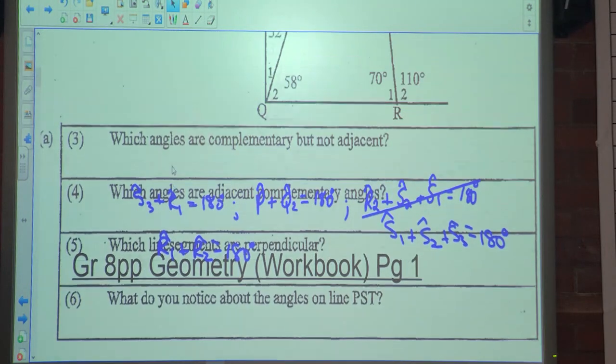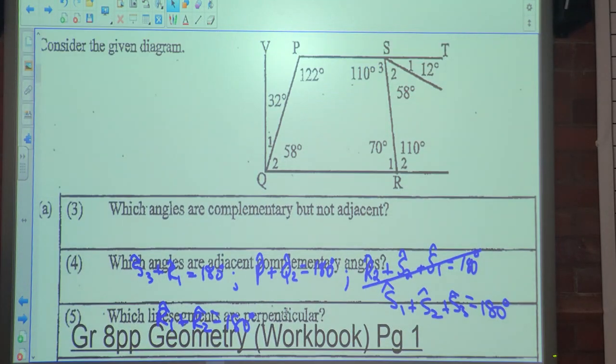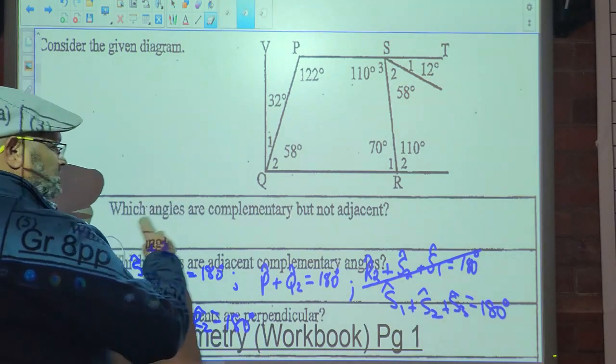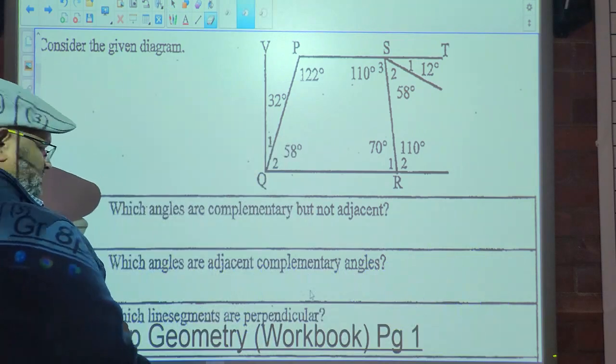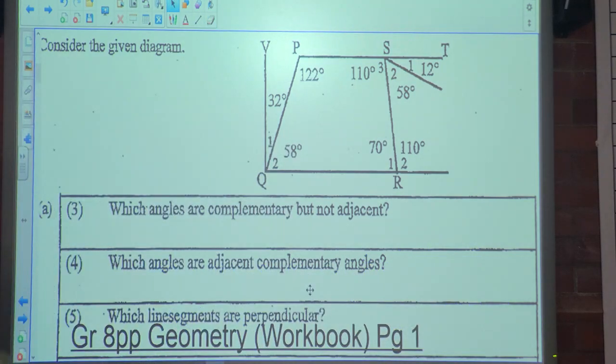Let's look at number 3. Number 3 says, which angles are complementary but not adjacent? What is complementary, people? Add up to 90 degrees. But not adjacent. Now, which angles are complementary but not adjacent?